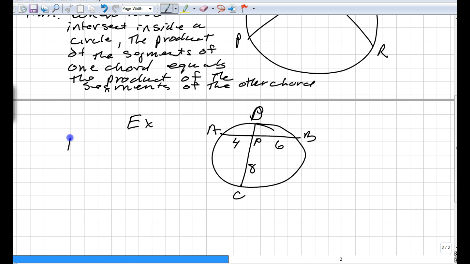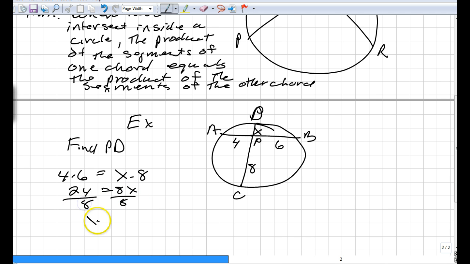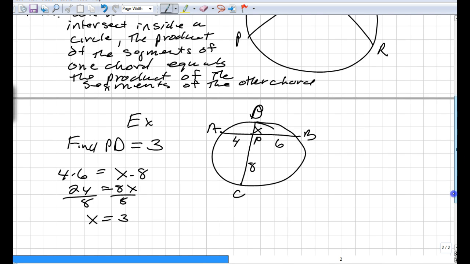So find the length of PD. Well, the product of the segments of one chord equals the product of the segments of the other chord. So we'll let this be X. So 4 times 6 has to equal X times 8. So 24 equals 8X. Divide by 8, so X equals 3. So the length of PD has to be 3. Okay? All right, on to the next one.